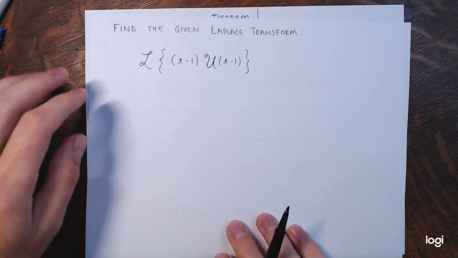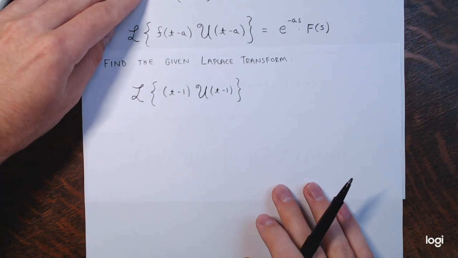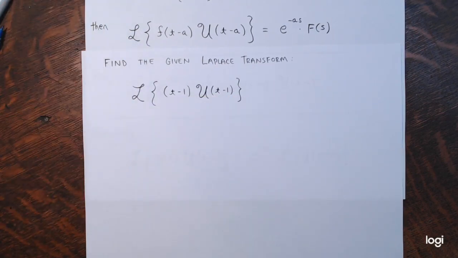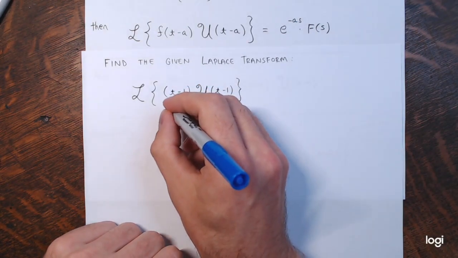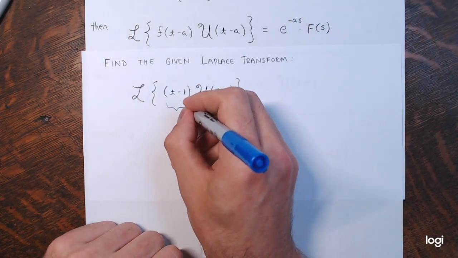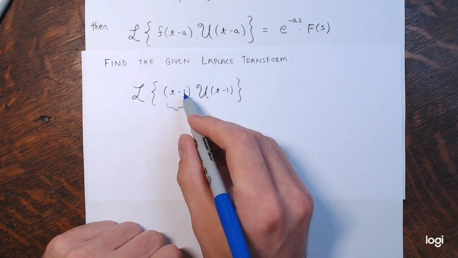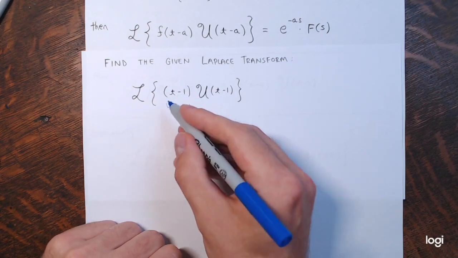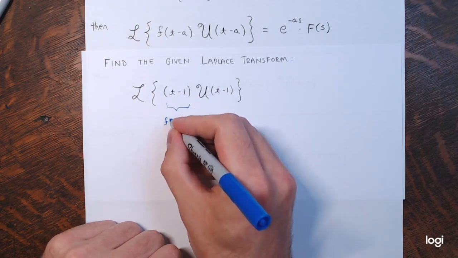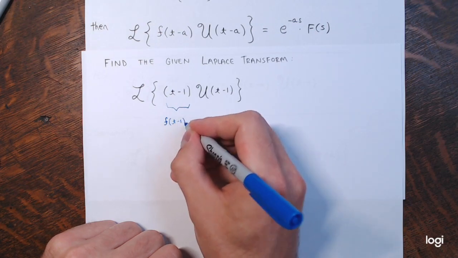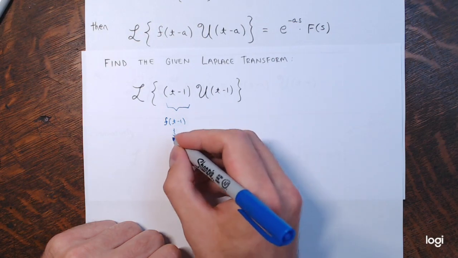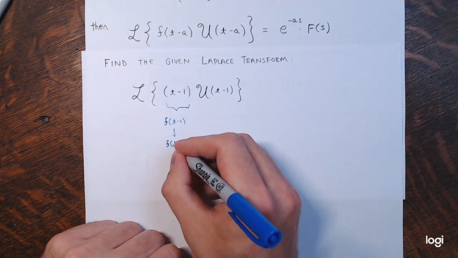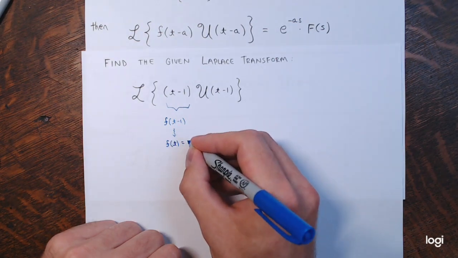All right, so if you look at this, this is already set up nicely here. The function that's being multiplied by the unit step function is t minus 1. So I could think of that as some little function f of t minus 1, where t's are replaced with t minus 1. And if that's the case, then little f of t would simply be t.